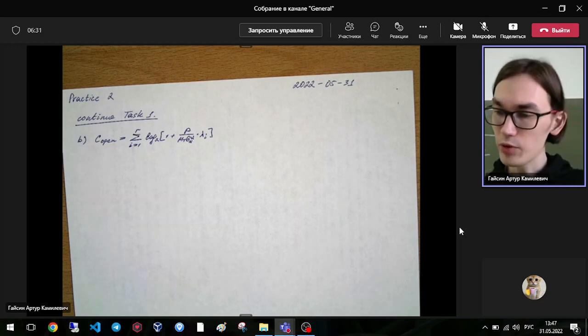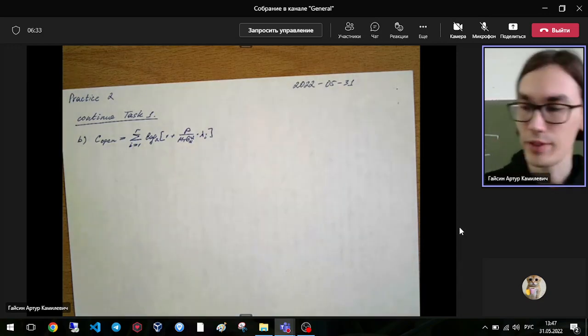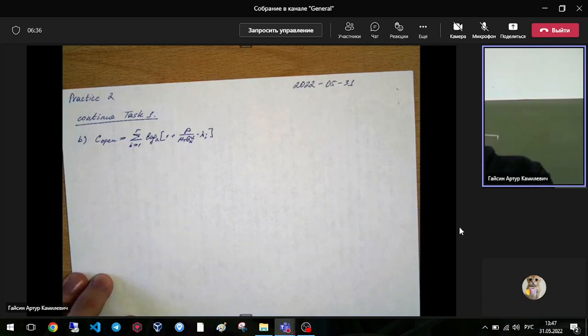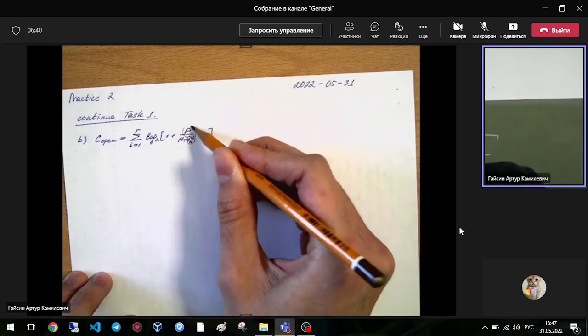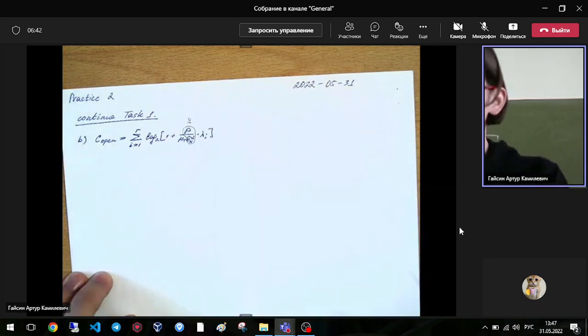And of course we can say that this P divided by sigma n squared is our rho, which is equal to the SNR in decibels.